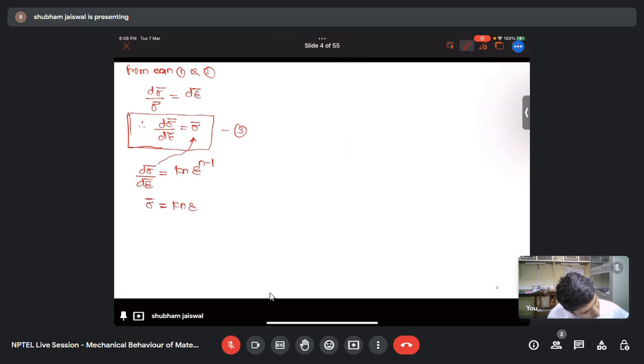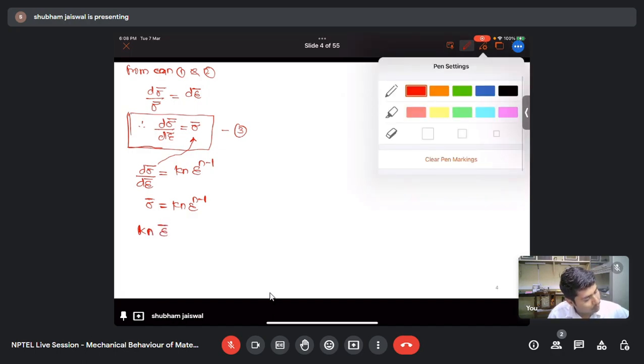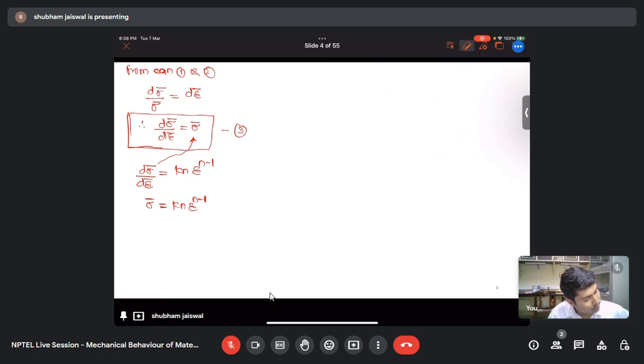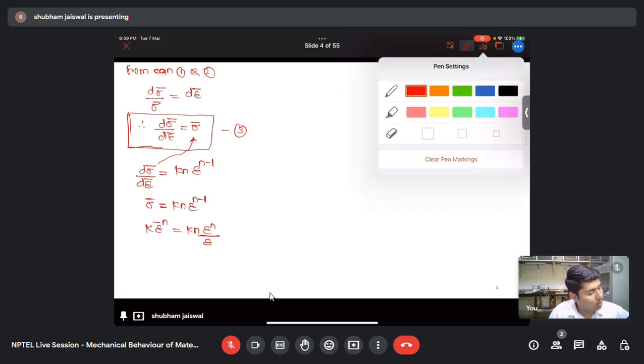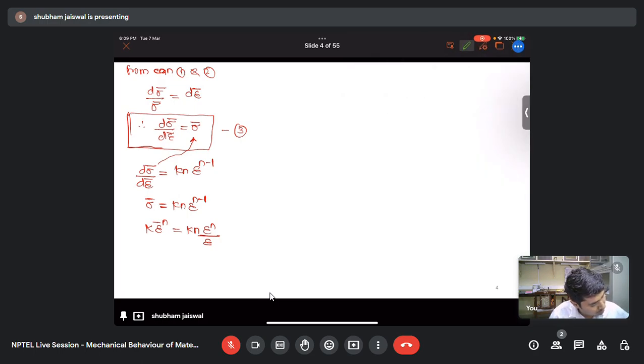Our effective stress should follow the power law, and the strain will be the effective strain. That is K epsilon bar to the power n equal to K n epsilon to the power n upon epsilon. So these terms get cancelled out.